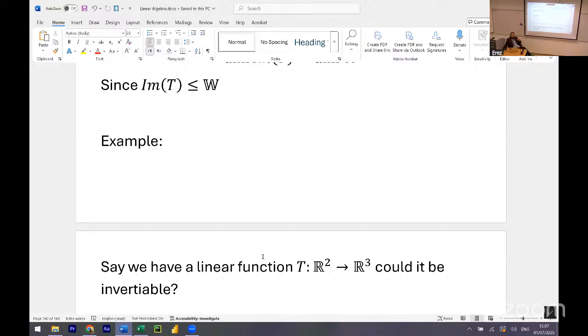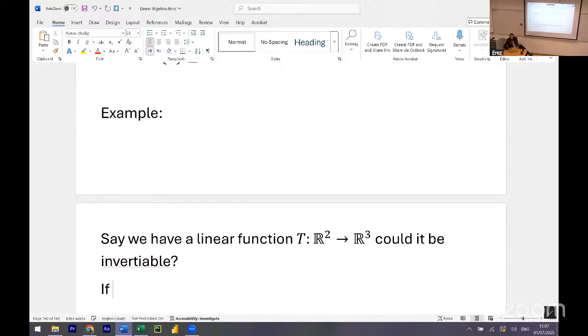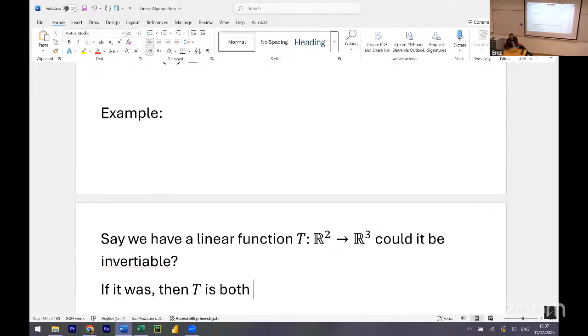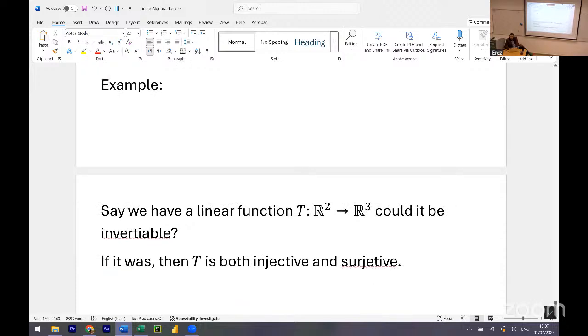Because the image... If it was, let's do it slowly. If it was, then T is both injective and surjective. Do you agree about that? Yes. What does it tell us about the dimensions?